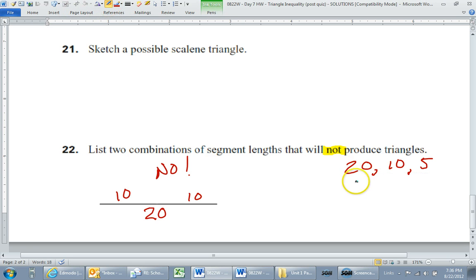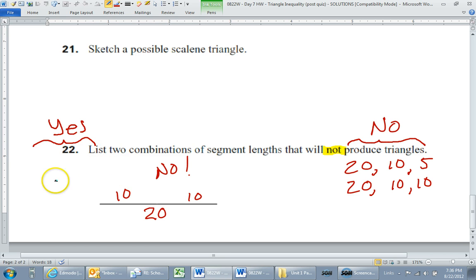So this is a good one. So I could put 20 and 10 and 10. That would be another no. Okay, so just for contrast, these would be some no's. If I wanted some yeses, which is not what the question asks, but just for teaching purposes, if I had 20 and 10 and, quick, imagine a number that would work, that would make a triangle.